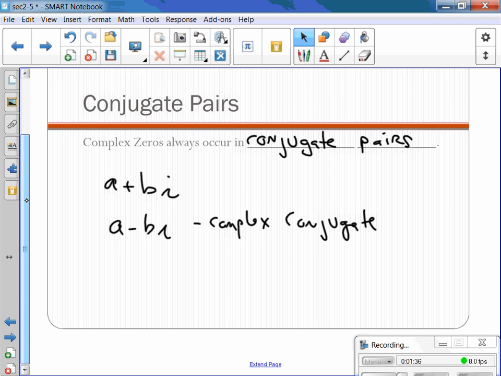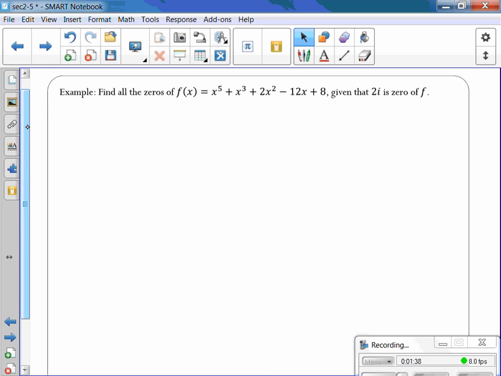So if we have something like this, I want to find all the zeros of f of x, x to the fifth plus x cubed plus 2x squared minus 12x plus 8. What zeros do I know? They gave me a zero of 2i. What else do I know?